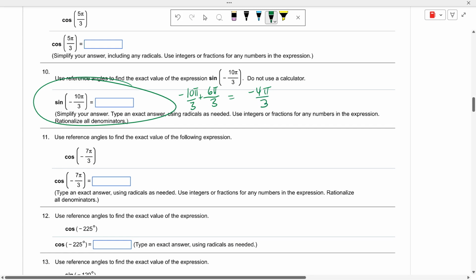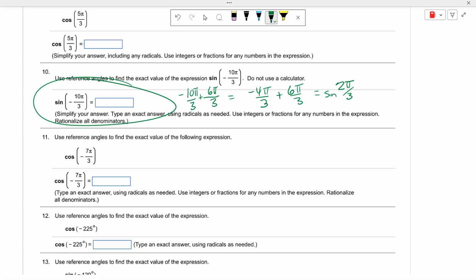Now, that would be close enough for me to figure it out, but I want a positive answer because my unit circle is set up in positive numbers. So I'm going to add another 6 pi over 3 to it. Negative 4 pi over 3 plus 6 pi over 3 is 2 pi over 3. Now, can I find the sine of 2 pi over 3 using my unit circle? Yes, it's very easy. The sine of 2 pi over 3 using my unit circle is square root of 3 over 2.